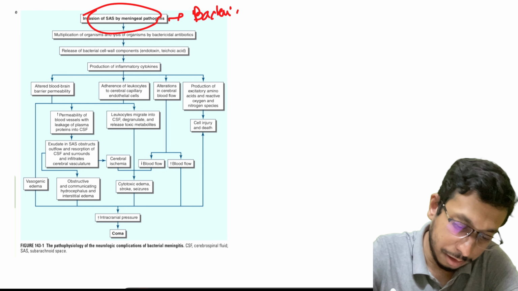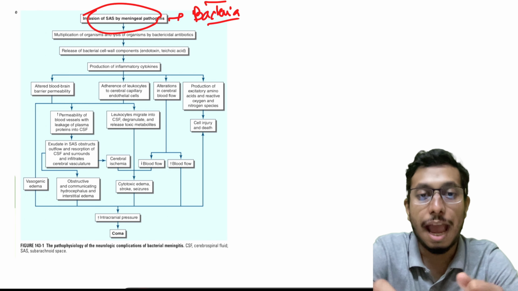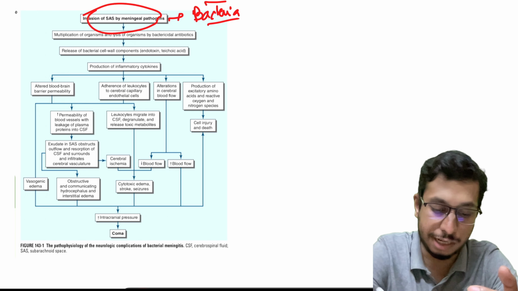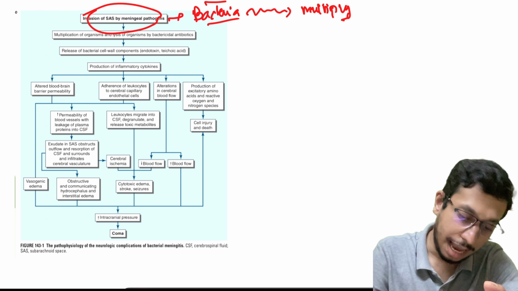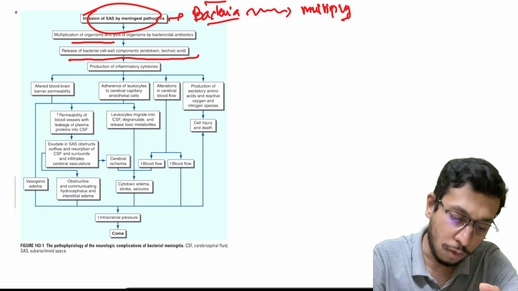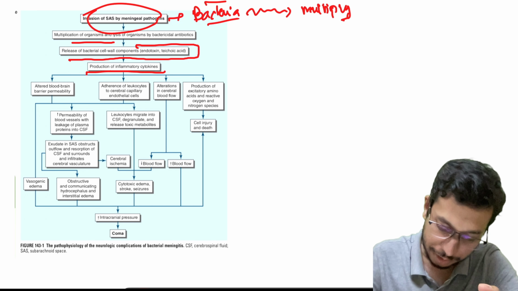This bacteria survives in the CSF because CSF is WBC poor and has low immune status. So this bacteria survives and multiplies very quickly in the CSF, and during lysis, release of bacterial cellular components like endotoxin or teichoic acid is seen, which produces inflammatory cytokines.